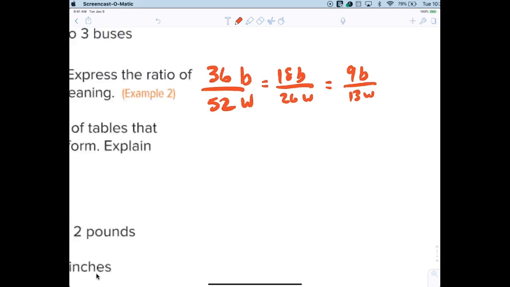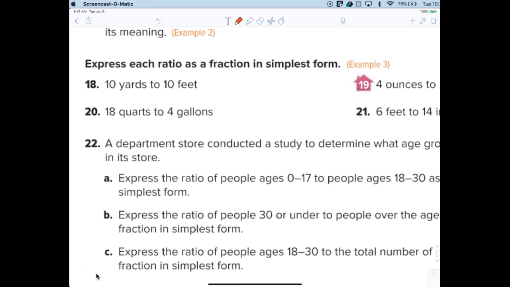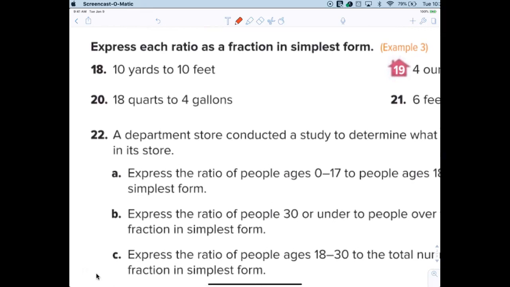All right. Let's go, Miss Cussell. I want you to do 18. All right, so what are you thinking about on 18, please? So it's kind of your 10 and then that's just... Okay, so 10 yards. Do you remember how many feet in a yard? 3.